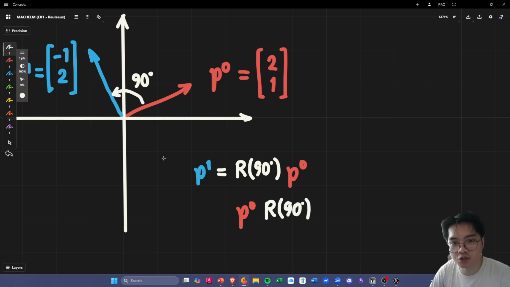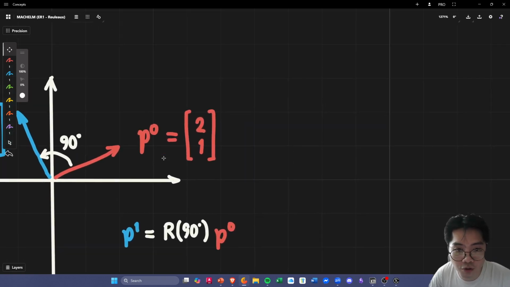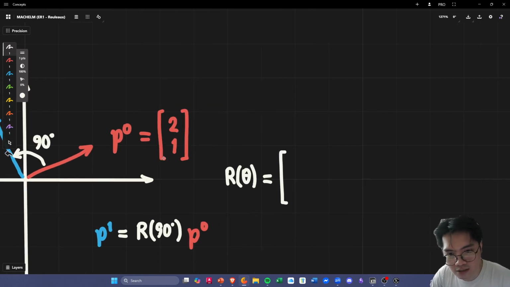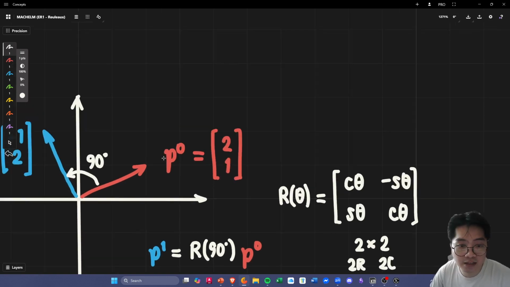Matrix multiplication follows a certain order, and you will know that order because you know the sizes of your matrices, right? Your general rotation matrix looks like this: cosine theta, negative sine theta, and then sine theta, cosine theta. This is a 2 by 2 matrix, literally 2 rows, 2 columns, right? And this thing is a 2 by 1 matrix, 2 rows, 1 column.